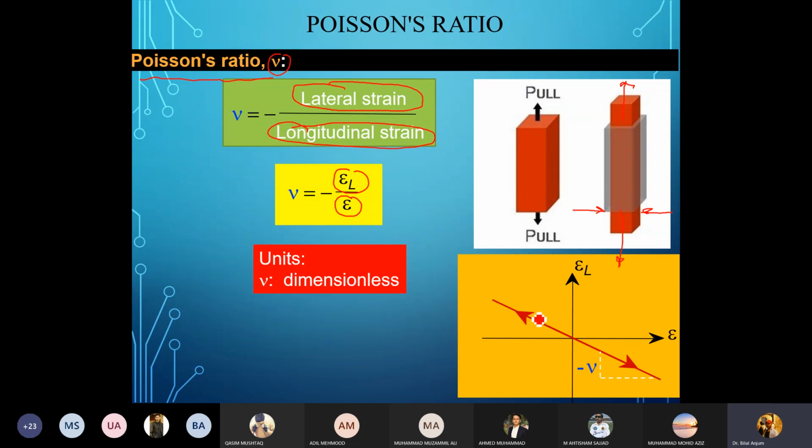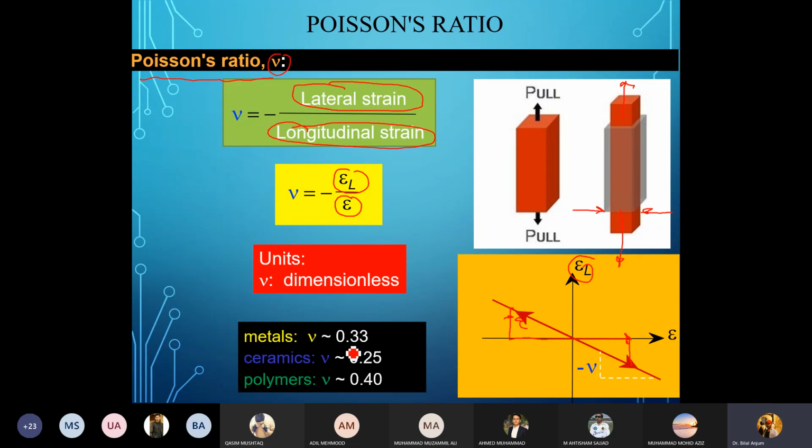If your sample is stretched in the tensile direction, you would see a reduction in the lateral direction. Similarly, if your sample is compressed in the longitudinal direction, you will see an increase in cross-sectional area, or in the width of the sample. So you'll have an opposite effect depending upon the direction in which you apply the load.